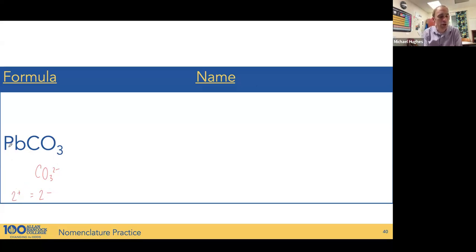And that 2 plus charge is on a single Pb element, one atom. Pb must be 2 plus for it to sum to 0 with a carbonate 2 minus. So that makes this lead. We don't always know its charge, so tell me what it is. It's lead 2 carbonate.